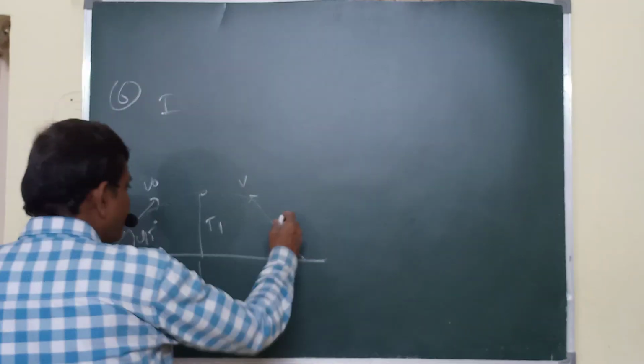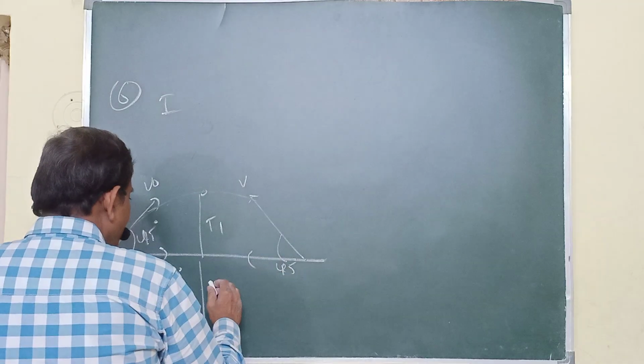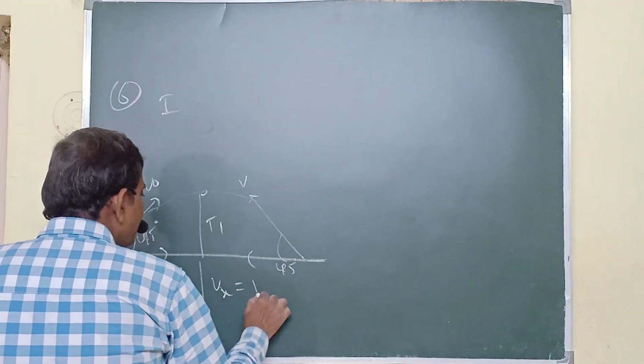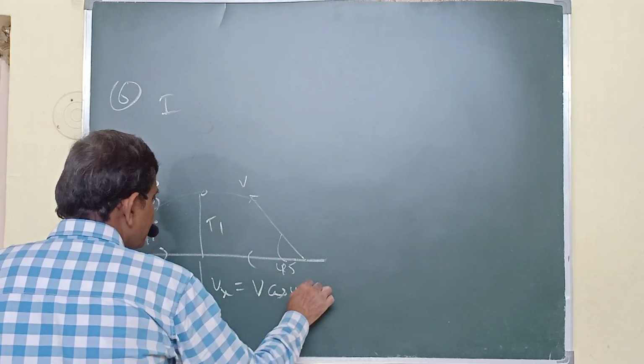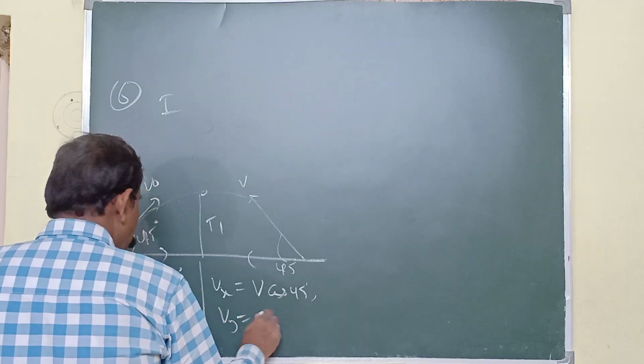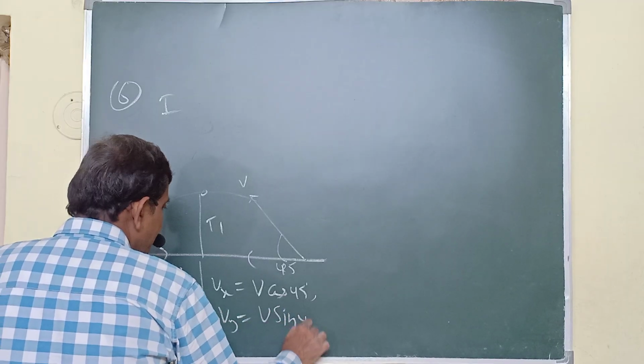You take this as the origin. Similarly for V, the x component is V cos 45 and the y component is V sin 45.